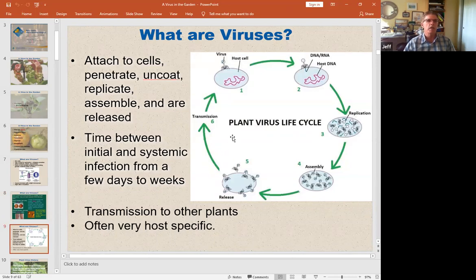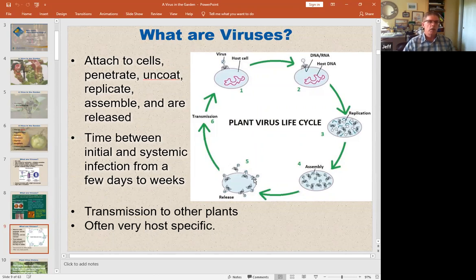So here is a plant virus life cycle. The virus has to get into the host cell. In the case of this bacteriophage, it's like a syringe that injects its genetic material, which goes into the cell, takes over the cell's machinery, reproduces its protein, reproduces its DNA, assembles them, and then disperses, whether it's through mechanical damage that spreads from one plant to another, or insects, or other things that spread the virus around.